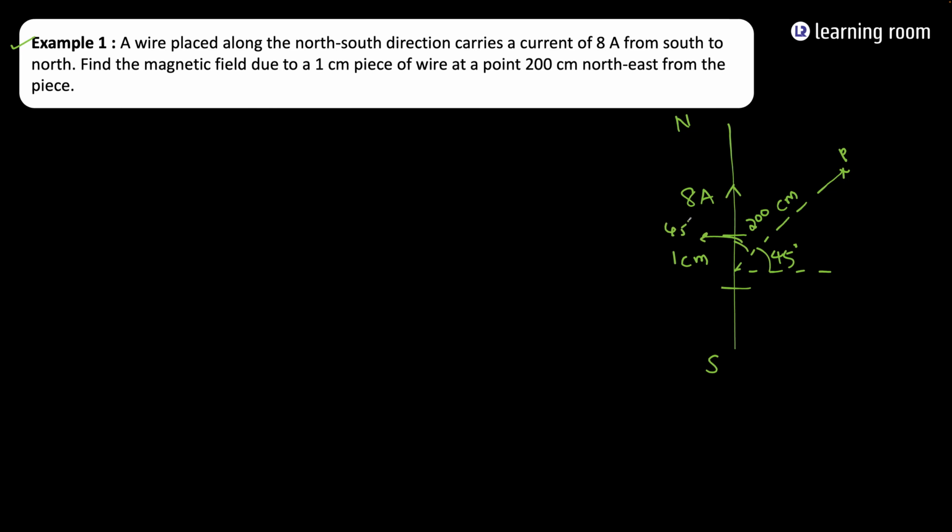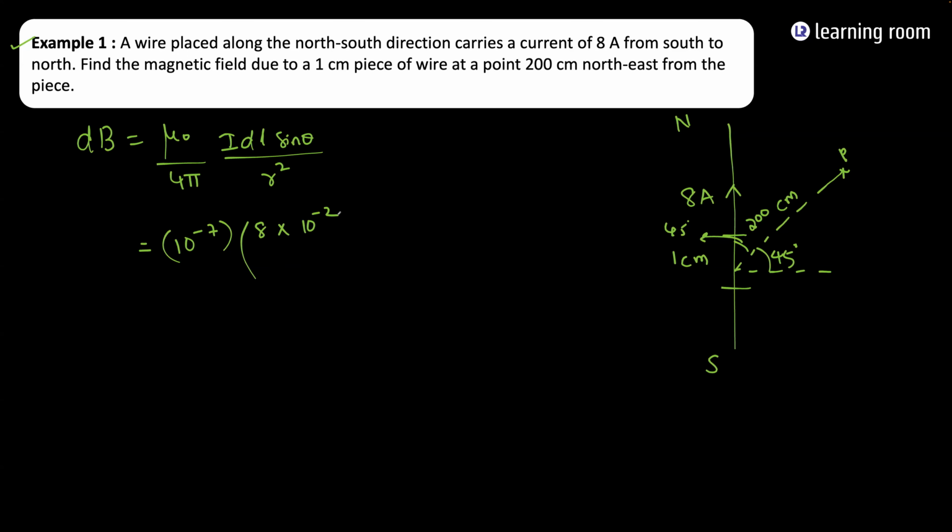So we need to calculate the magnetic field due to this small piece of wire. What is the formula telling you? dB will be equal to mu naught divided by 4 pi into I dl sine theta the whole divided by r square. So mu naught by 4 pi has a value of 10 power minus 7 into I, the current that is flowing, is 8. And what is the length of the conductor which is participating? It is 1 centimeter, so it is 10 power minus 2 meter.